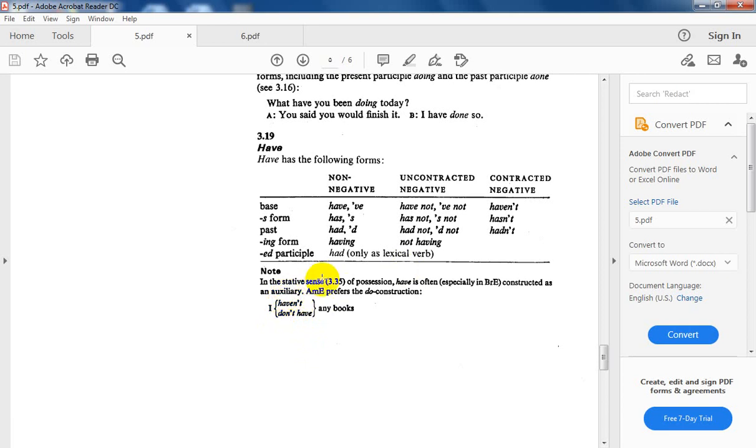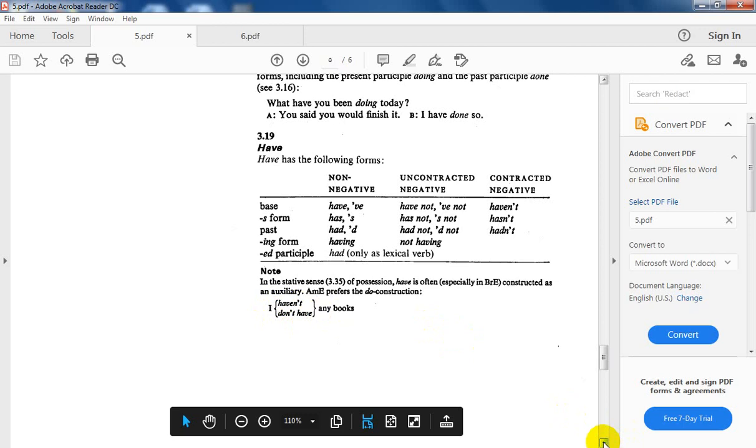Because when I say I haven't any books, it means I do not possess any books. So accordingly it is I haven't in British English, and I don't have in American English.